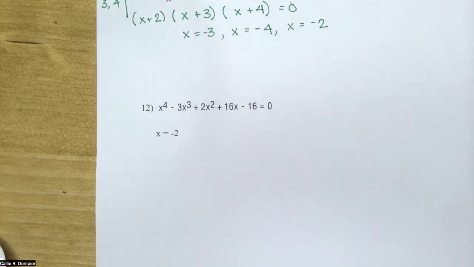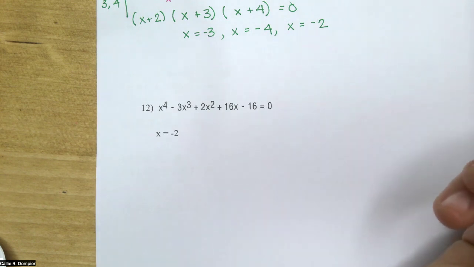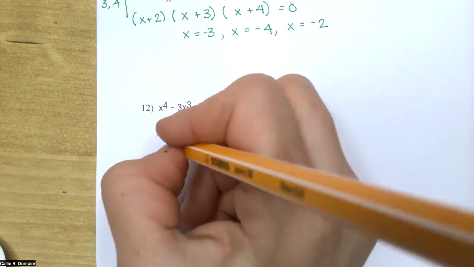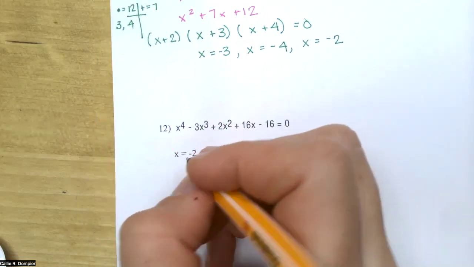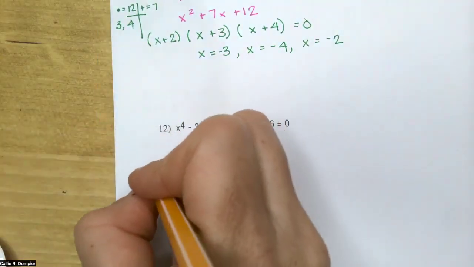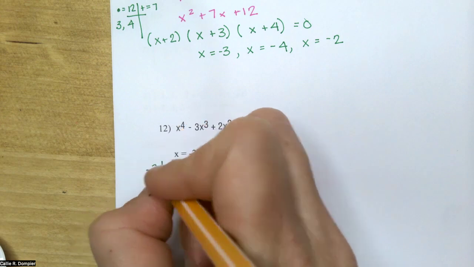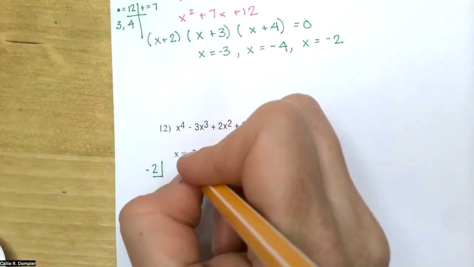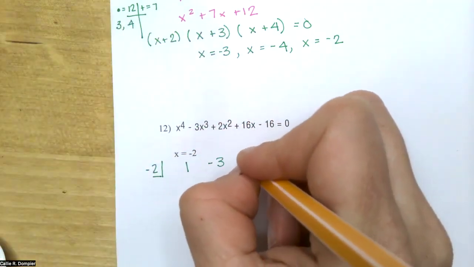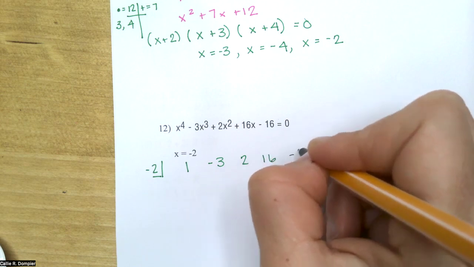Number 12, we have x to the 4th minus 3x cubed plus 2x squared plus 16x minus 16 equals 0. And the value they gave us is x equals -2, the 0. So we'll put -2 up here. We've got a 1, a -3, a 2, a 16, and a -16.